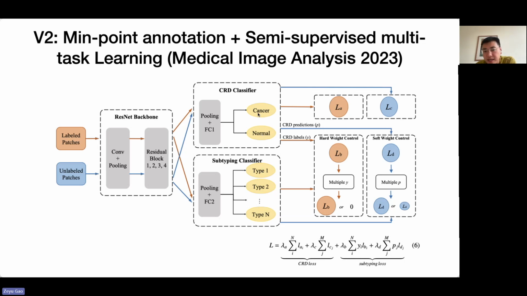If you are classified as cancer, your contribution to the subtyping classifier will be very high. If you are classified as normal, based on your probability, we shrink your contribution to the subtyping classifier, which makes sense because normal tissue shouldn't contribute to the subtyping classifier. So this is basically our design here.